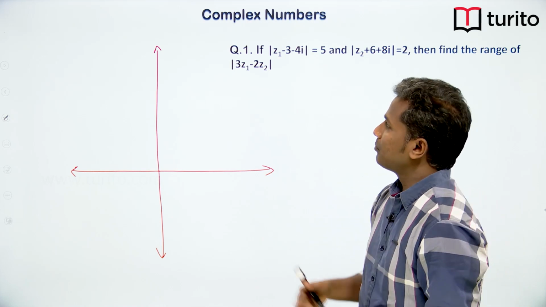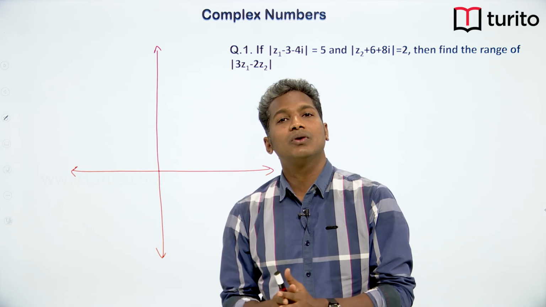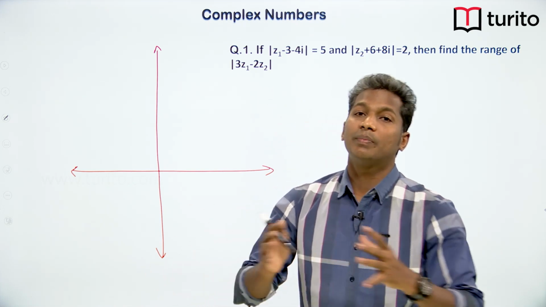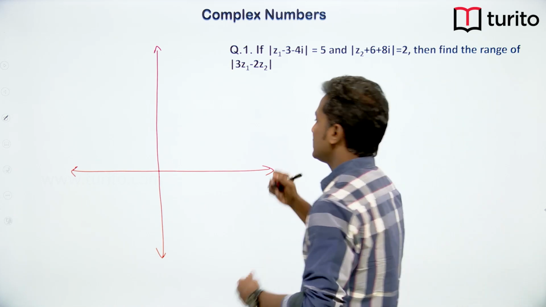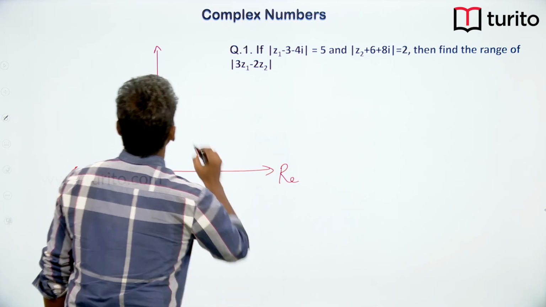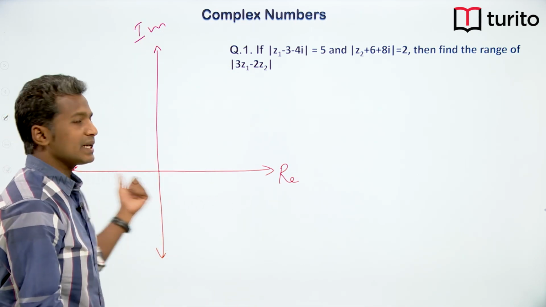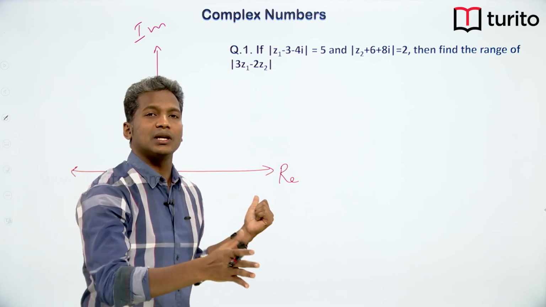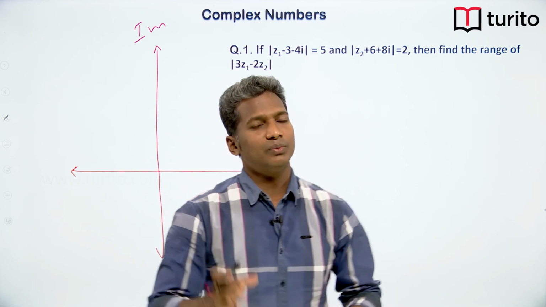But here in complex numbers also we are borrowing the same concept of coordinate system to represent all complex numbers, but with a slight change. What is the change? This axis is called the real axis, this axis is called the imaginary axis. On the real axis all purely real numbers are put, on the imaginary axis all purely imaginary numbers are put.